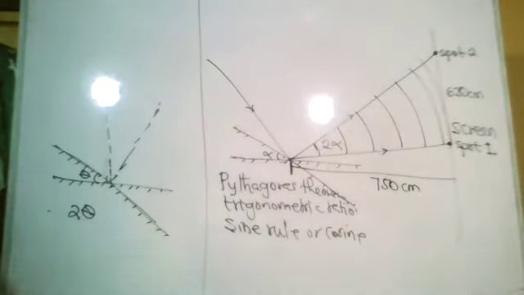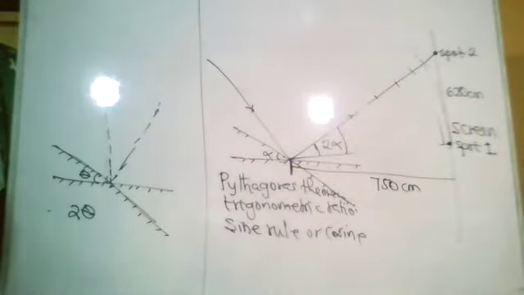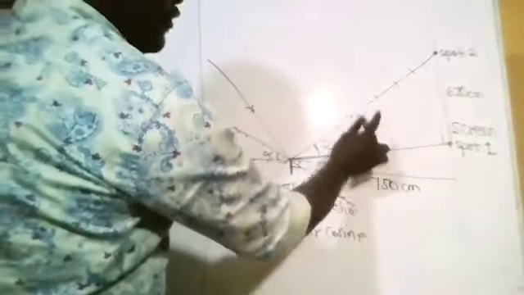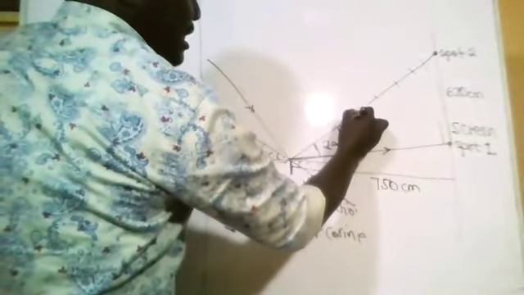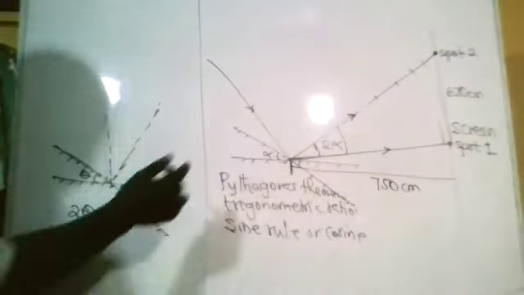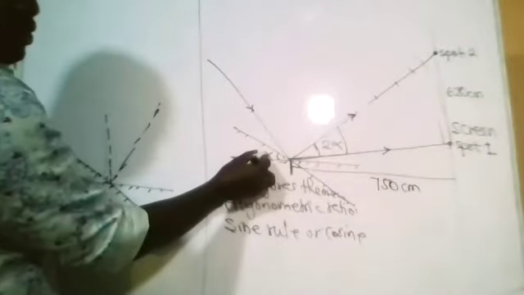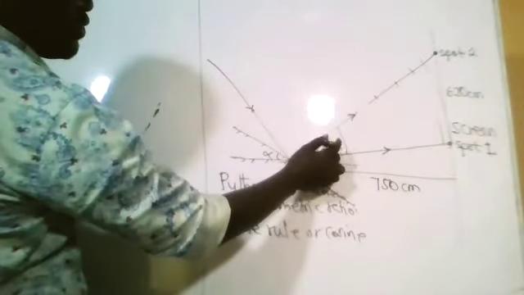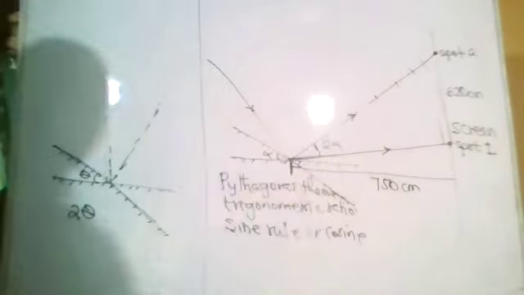But we understand that when a mirror is rotated, the angle between the reflected rays, don't forget the reflected rays produce the spots, it is the reflected rays that produce the spot. So this is the first reflected ray. This is the second reflected ray. And so if the mirror is rotated through this angle, alpha, then the angle between the reflected rays must be 2 times alpha.